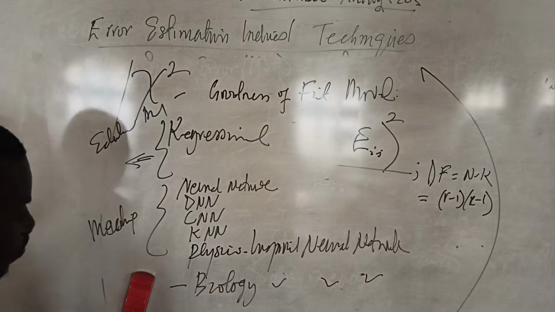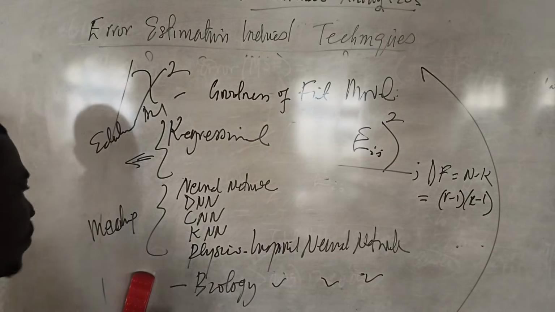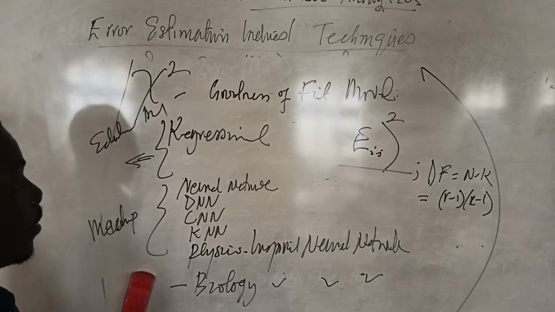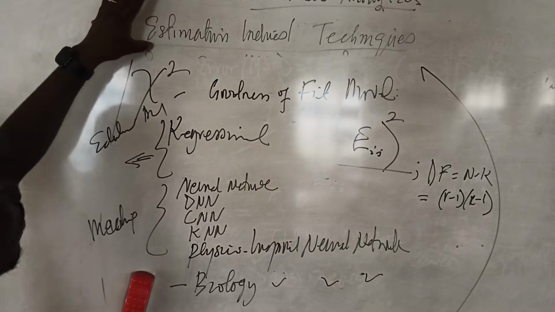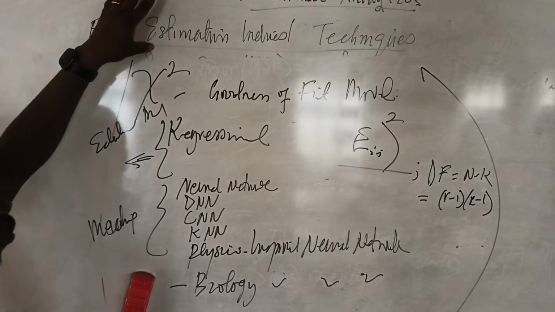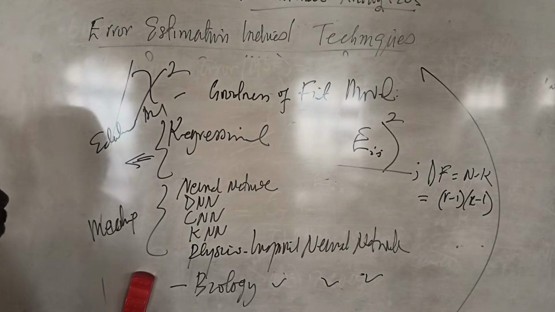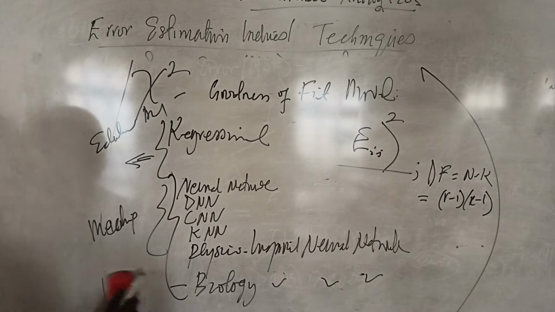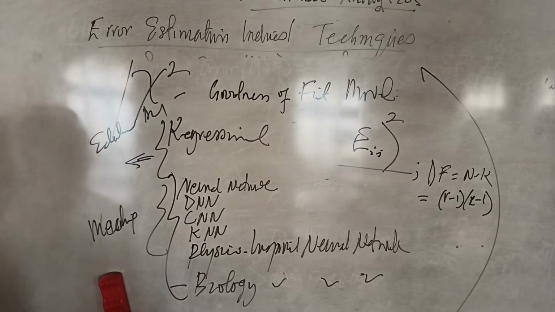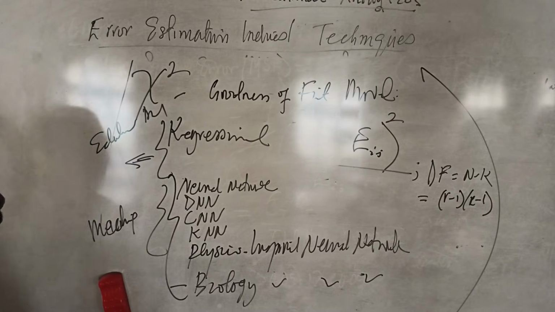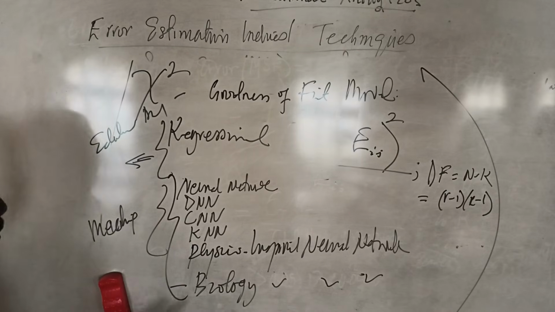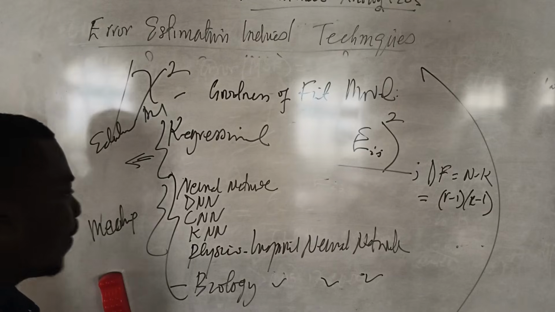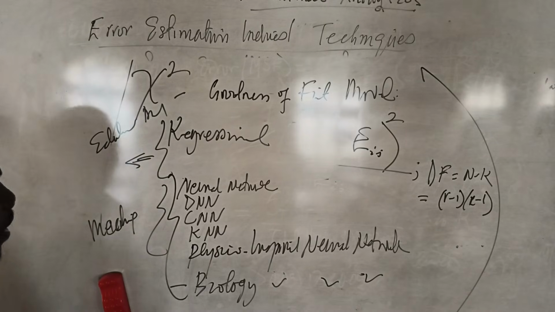Of course, I'm not so familiar with this biology inspired network. So we are going to use these performance indices to cross-validate how these analytical models function, whether they are effective depending on the data set, and which one is more effective than the other.